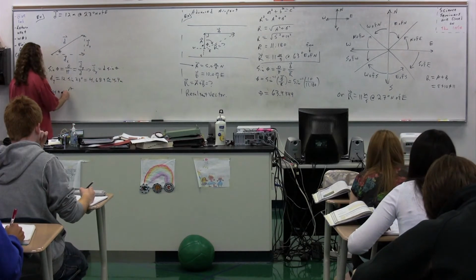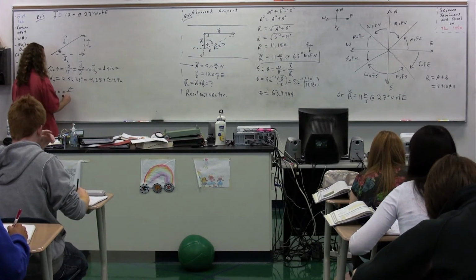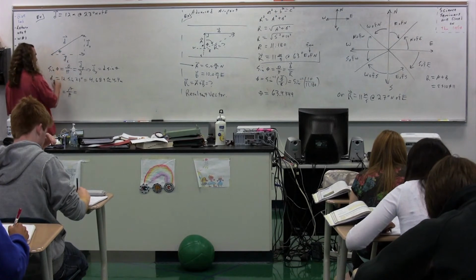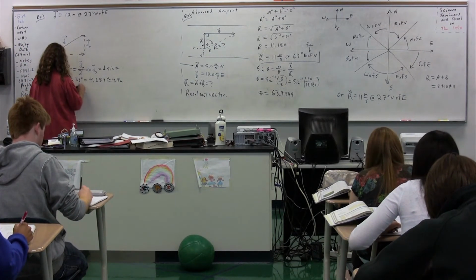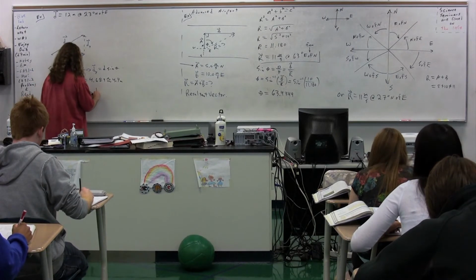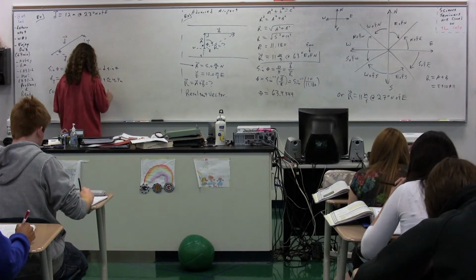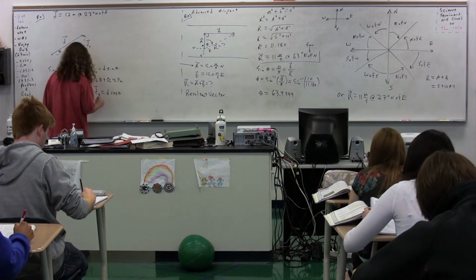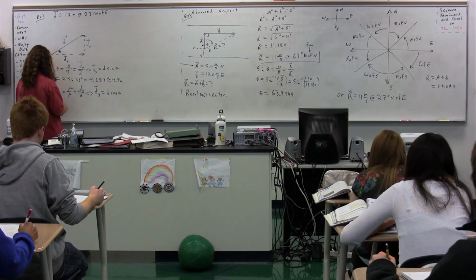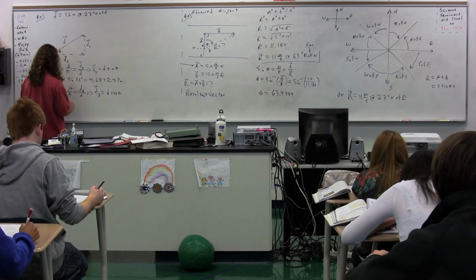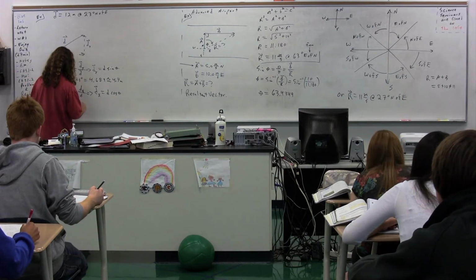Okay. We can do the same thing with cosine. Cosine of theta equals adjacent over hypotenuse. Adjacent to our theta is d in the x direction divided by the hypotenuse, which is d. So d in the x direction equals d times the cosine of theta. So d in the x direction equals d, which is 12, times the cosine of our angle, which is 23 degrees.